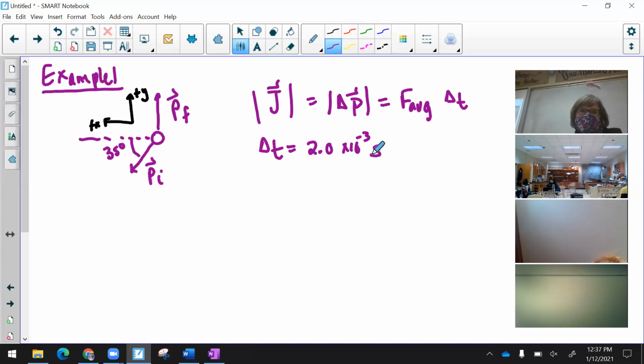So if we could find either delta P and therefore J, or J, then we'd be able to solve this problem, right?